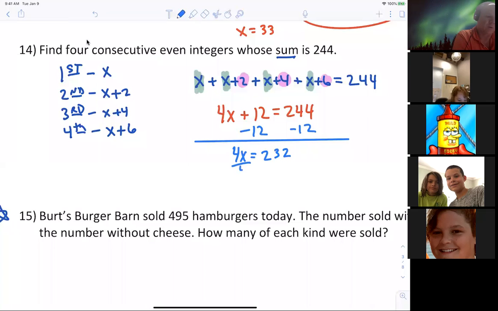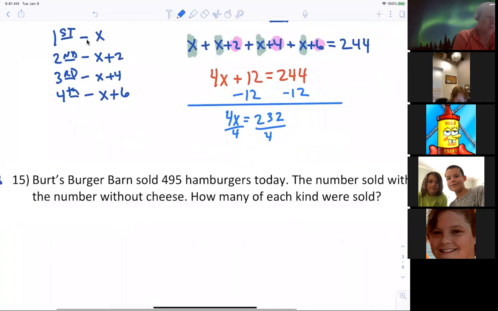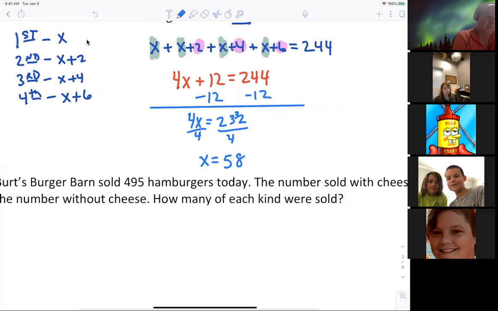Divide by 4. So x equals 4 goes into 23 5 times with 3 left over. 4 goes into 32 8 times. So the numbers are 58, 60, 62, and 64.